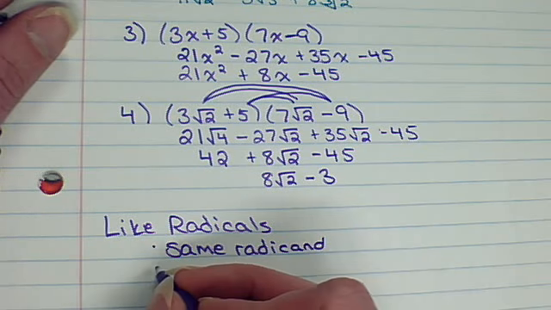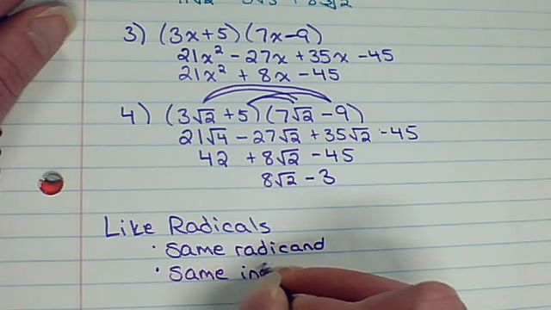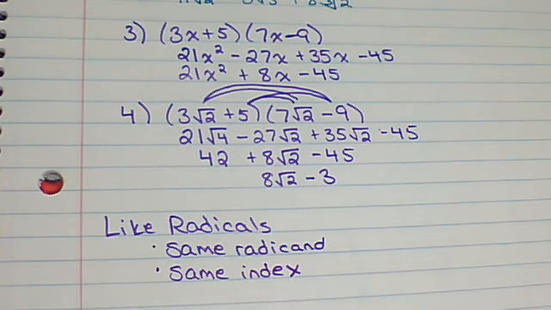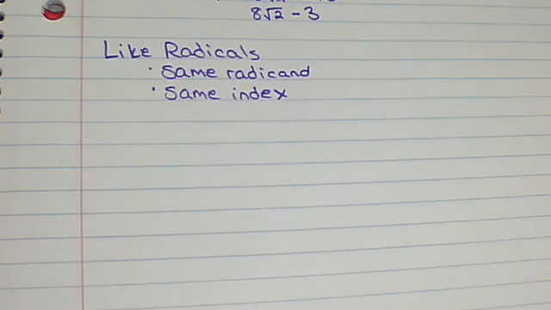So not only do they have to have the same radicand, they have to have the same index as well. Now sometimes when you see them, they're already alike, and sometimes we might have to simplify them a little bit to make them alike. So let's see if we can look at some examples here.